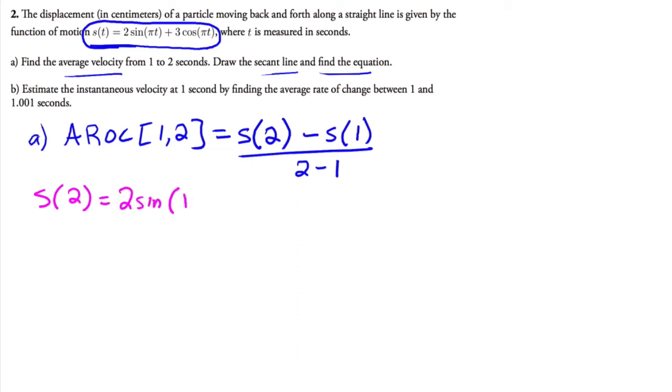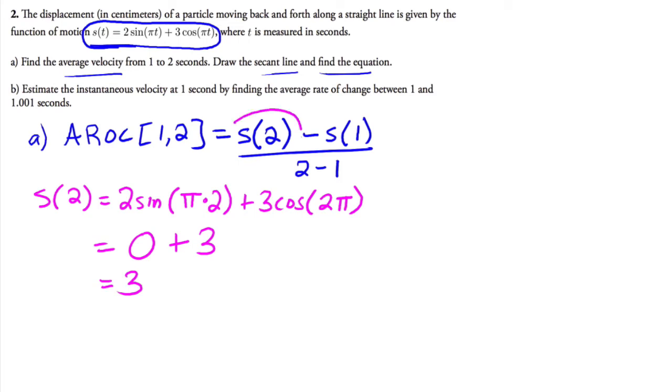Sine of 2π is 0, and cosine of 2π is 1, so this is 0 plus 3. So s(2) is equal to 3.